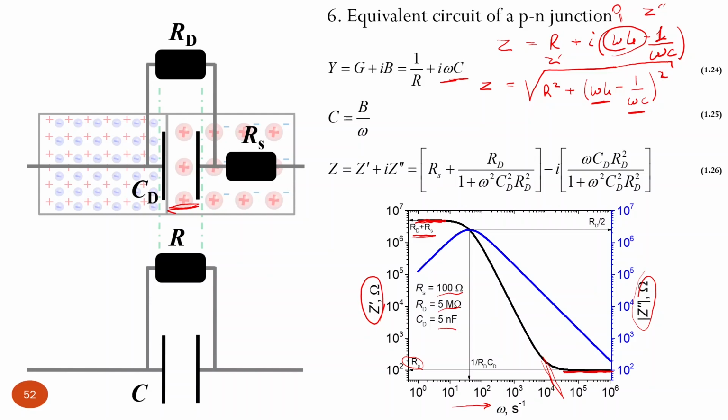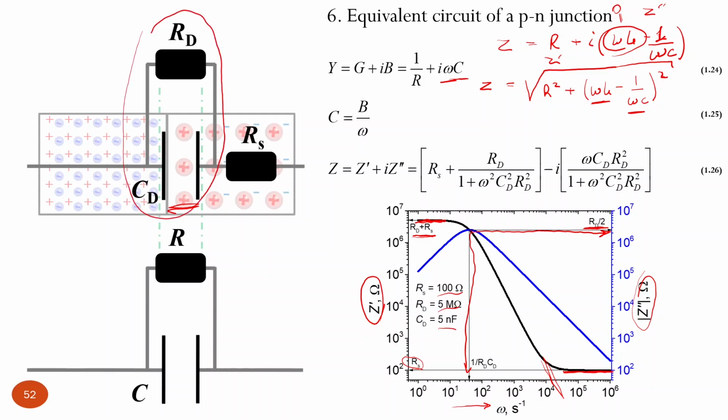So we have some curve with maximum, and this maximum, first of all, gives us half of depletion layer capacitance, the magnitude of this maximum, and its frequency position, as we go down, gives us 1 over RD times CD, which is time constant of this parallel capacitor and resistor.